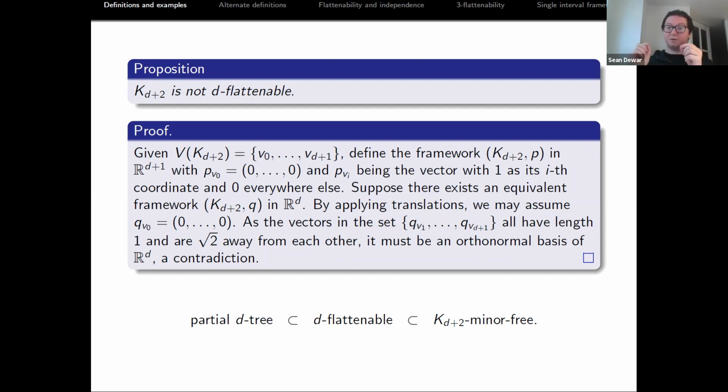If two points lie on the unit sphere of R^D and they're root 2 distance away from each other, the only way that can happen is if one of them is 90 degrees to the other. If we just imagine it in 3D, they have to be 90 degrees. Okay, that did it. Thank you. You can just look at the plane they span, and then everything is in the plane. Okay, and that makes it orthonormal, yeah.